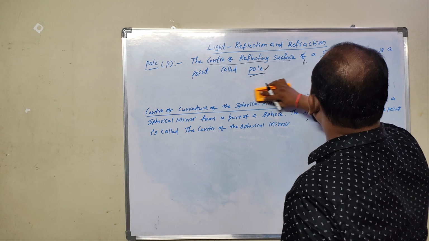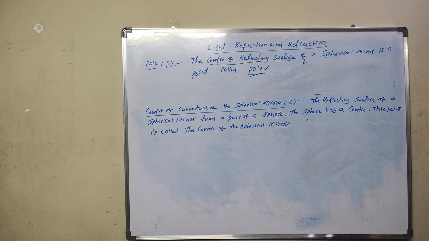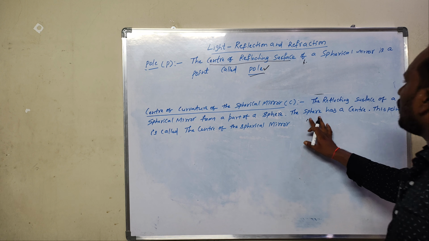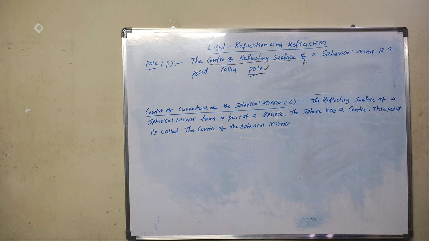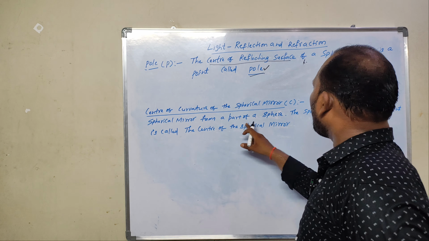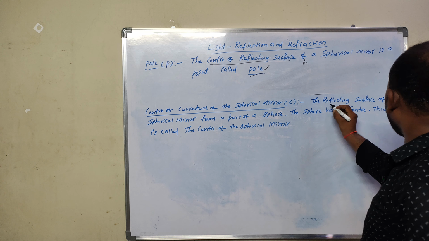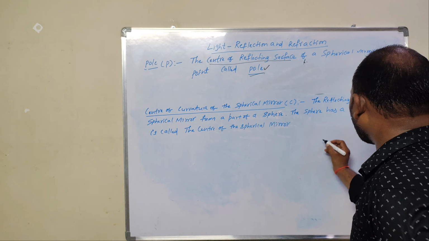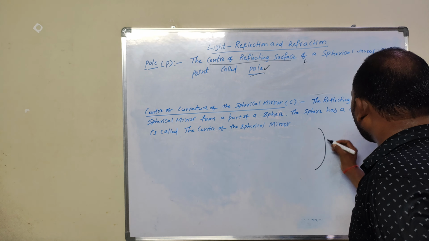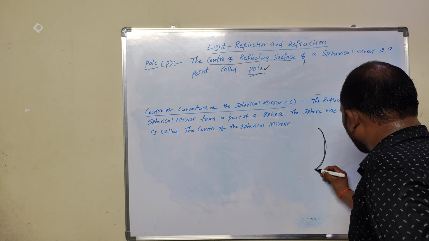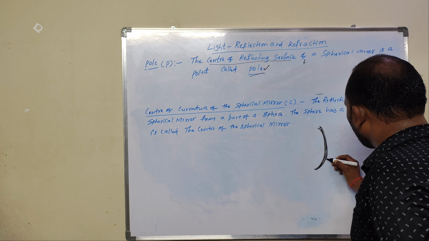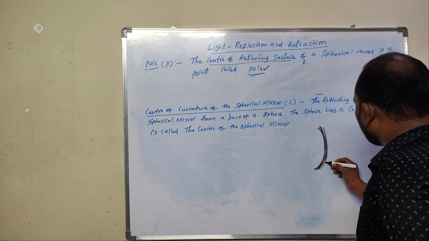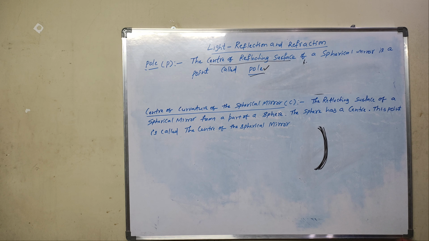Let's see another definition which is given: the center of curvature of a spherical mirror. So what is the center of curvature of a spherical mirror? Let's see. The reflecting surface of a spherical mirror forms a part of a sphere.